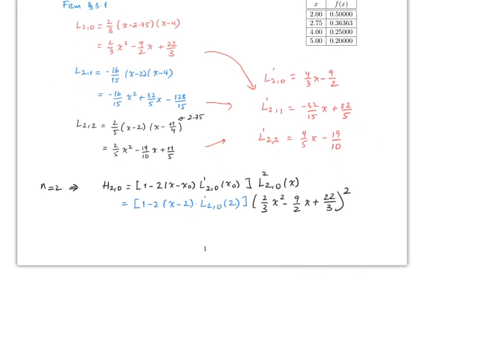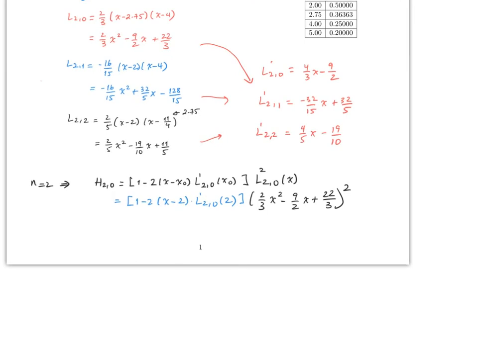All right, so now notice you find L20 prime evaluated at the point 2, and this is equal to negative 1.8333. So you should check on this.